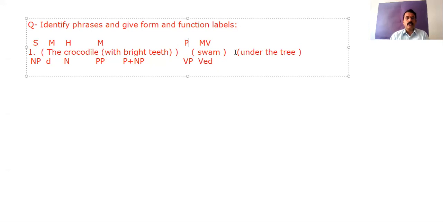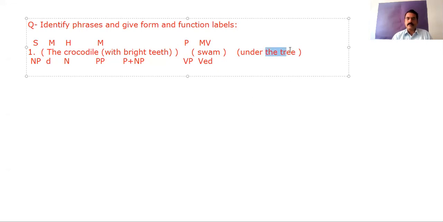Now let us move on to the third phrase, under the tree. So how to identify the form of this phrase? We have to pay attention to the elements in this particular phrase. There are three words in this phrase: under, the, and we have tree also.